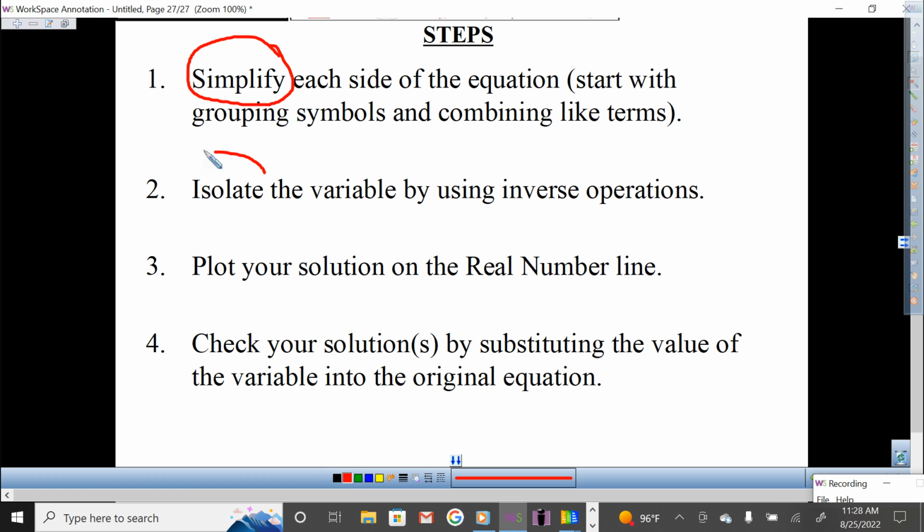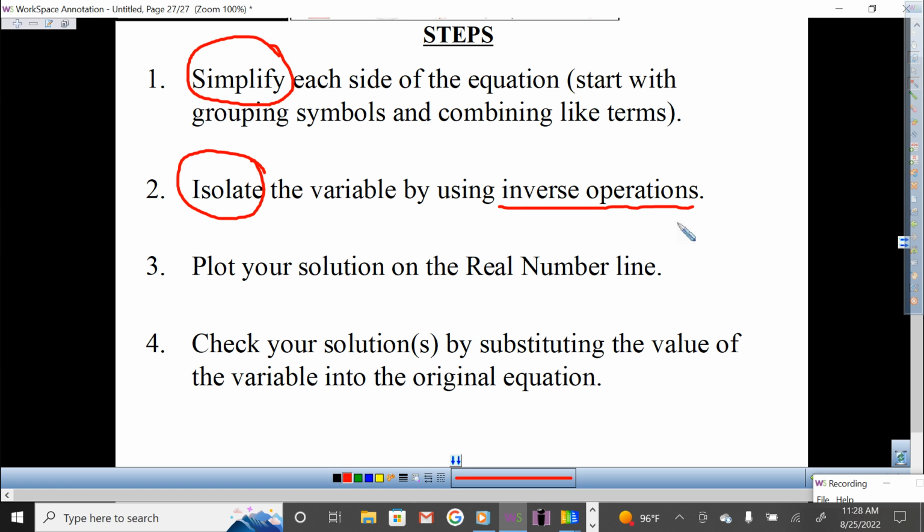Step 2, we isolate the variable. Now, for those of your friends, I'm pretty sure you've never gotten a referral, but some of your friends have gotten a referral, and it says on the referral, isolation. What does that mean? That they take them outside or they send them elsewhere. That's when you leave by itself. So step 2, we need to leave the variable by itself. And what do we use? We use inverse operations.